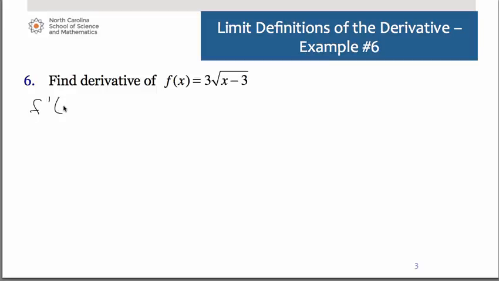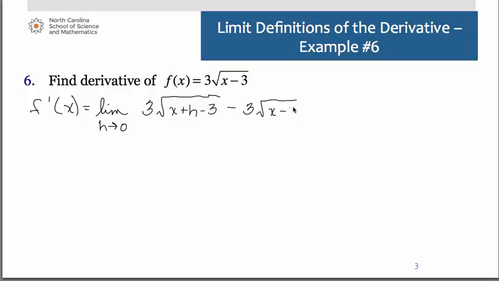So we have f prime of x will be the limit as h approaches 0. So remember, the first part of the numerator requires us to do f of x plus h. So in place of that x, we need to put x plus h. Minus f of x all over h.